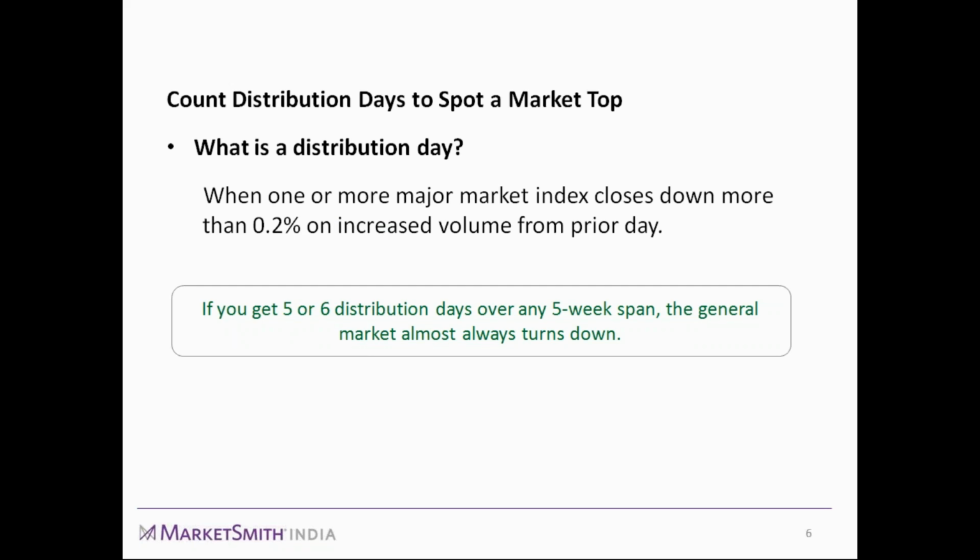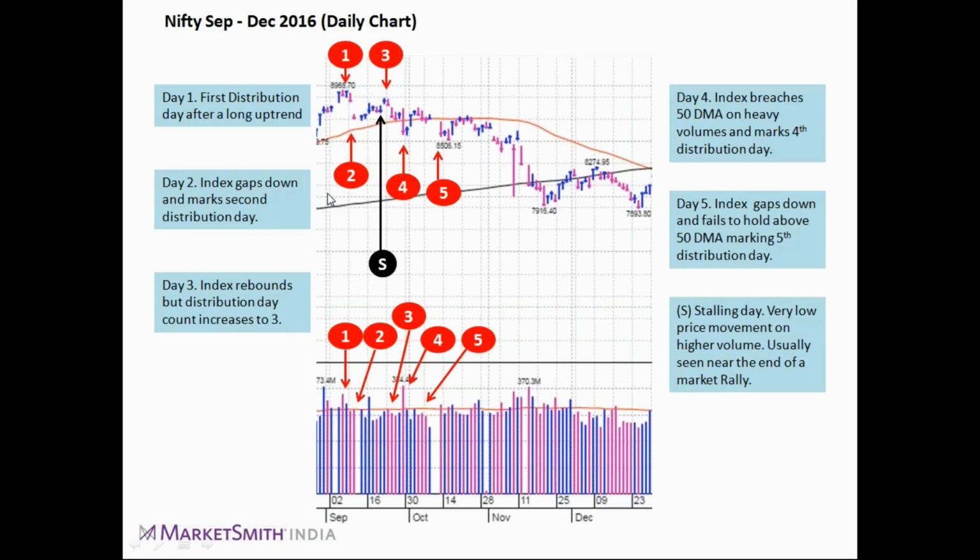All of these are factors that we look at, and based on that we come up with a distribution day count, and that count will determine whether we are moving into a market downtrend or not. Here is an example showing many of the signs that indicate that the market is moving into a downtrend. All these points are marked 1 through 5.